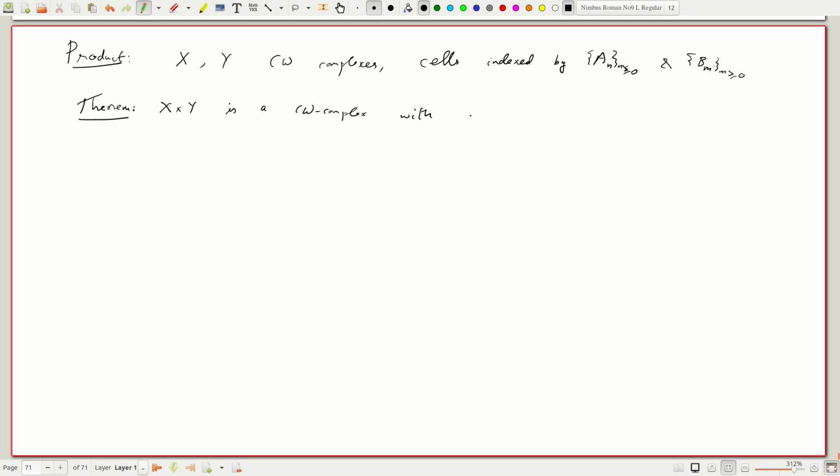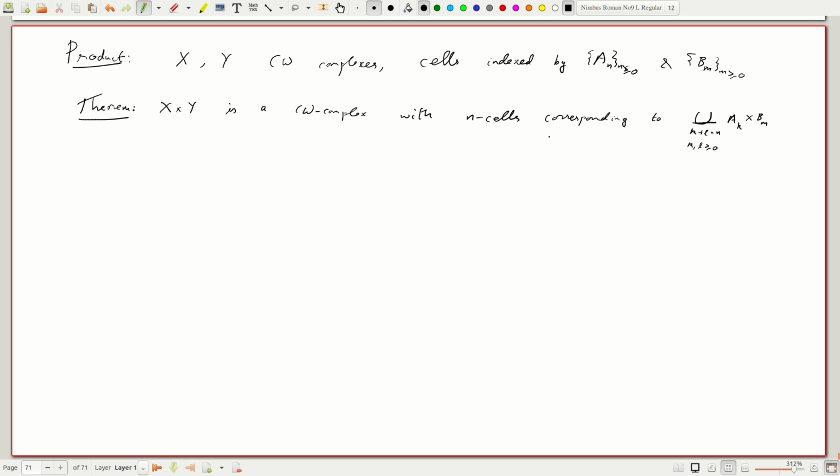with n cells corresponding to the union, you can even say disjoint union, of, I look at all k plus l equals n, and k and l are greater than or equal to 0, and I look at A_k cross B_l.